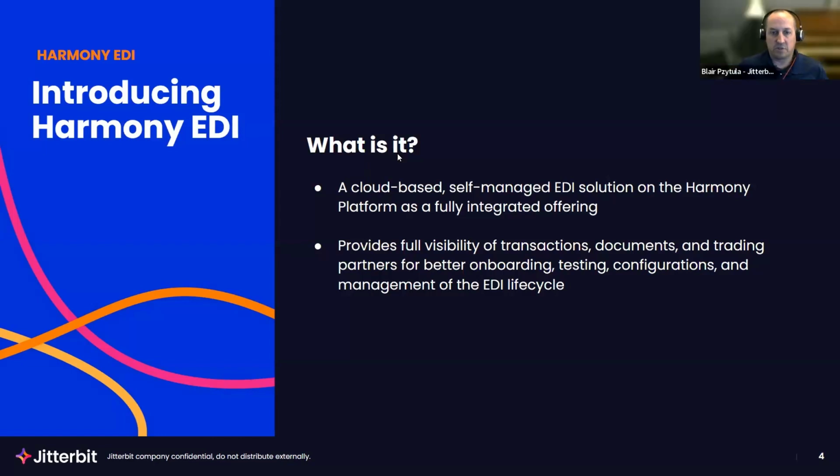Thanks, David. So like Dave was saying, we're introducing the Harmony EDI piece, which is a solution within the Harmony infrastructure of the platform. So what is it? Essentially, it's a cloud-based self-managed EDI solution. So what does that mean? That means you'll be able to add a trading partner from our library of trading partners, select maps, create workflows, and monitor the transactions.